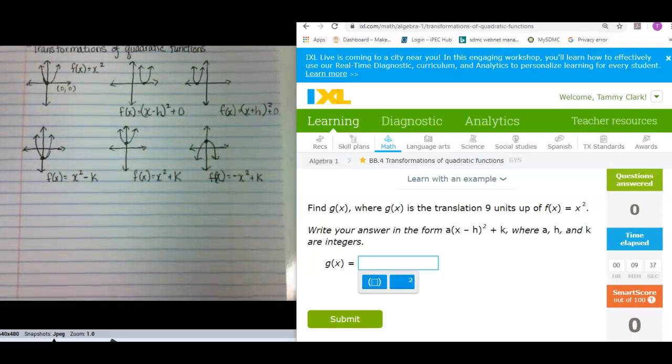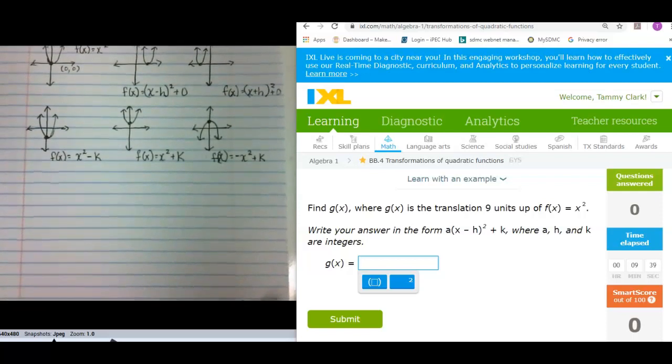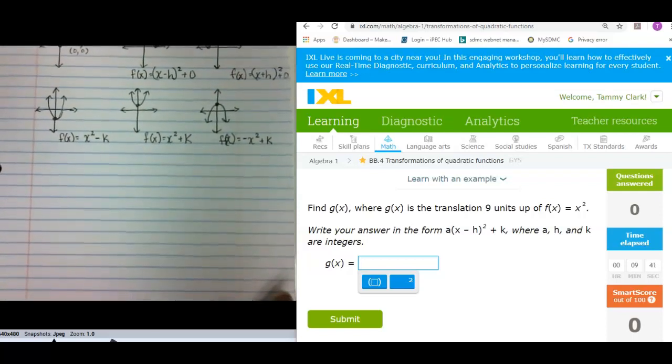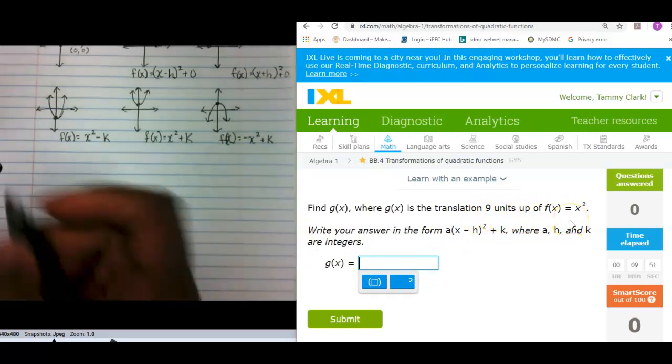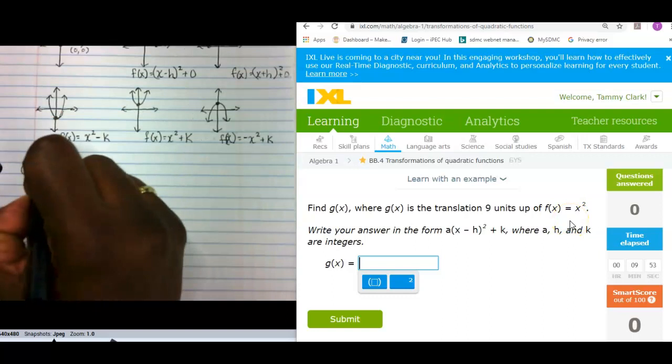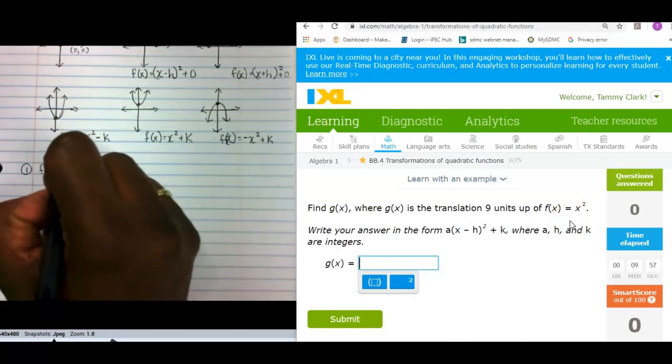So let's go ahead and work with our IXL here, and we are going to take this up to 80 or above. Our first question is, find g of x, where g of x is a translation 9 units up of our x squared, or our quadratic function.